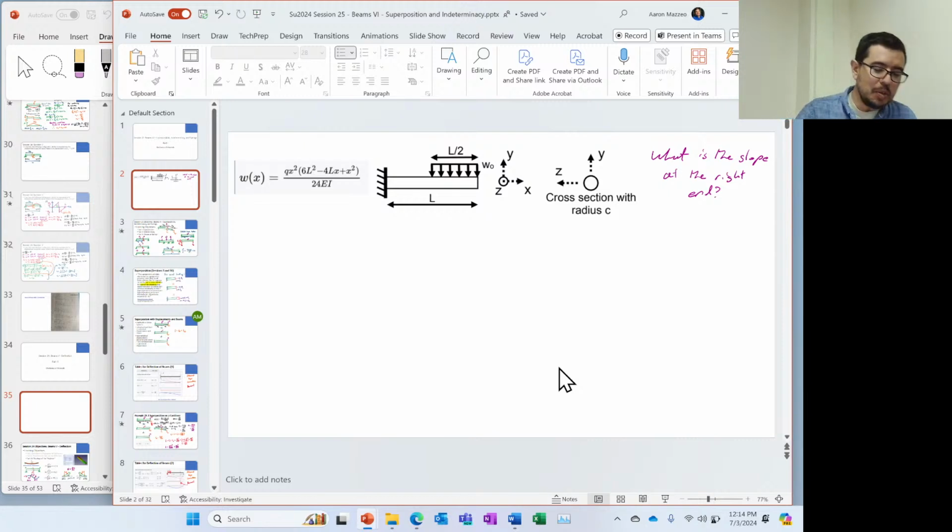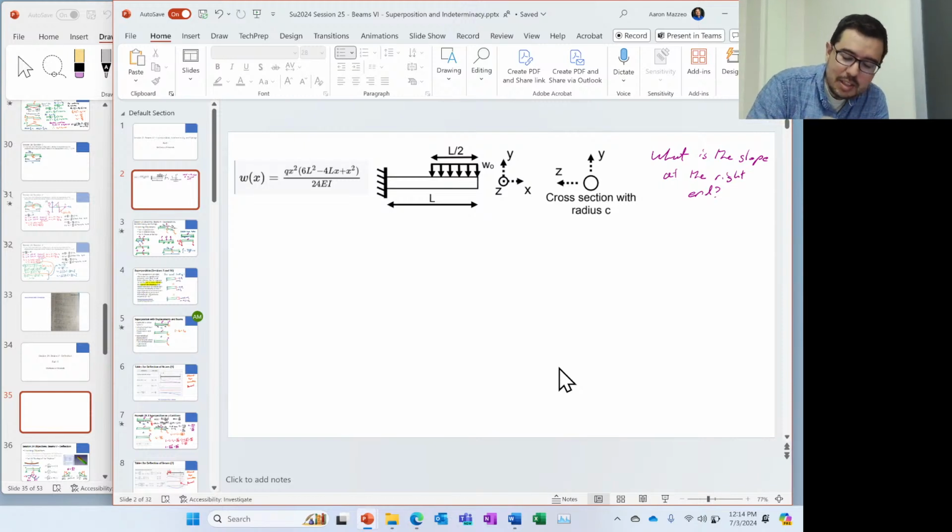So there are a couple of things here. To figure out the slope at the right, we actually need to take the derivative of this equation. So v of x is really equal to this w of x, and the slope at any location is going to be equal to dv/dx.